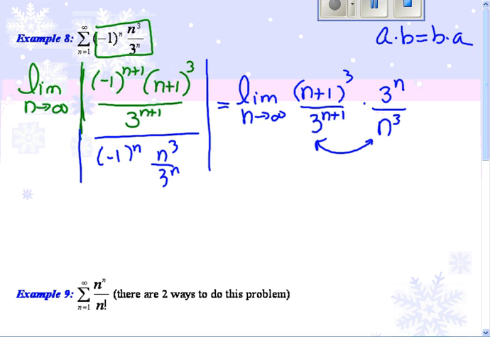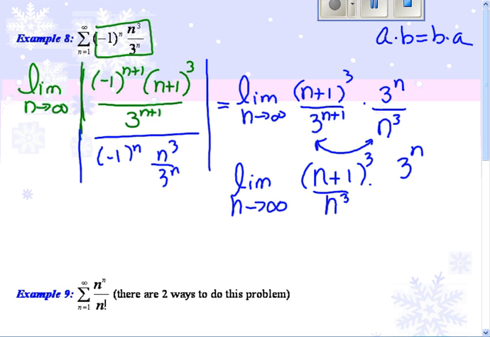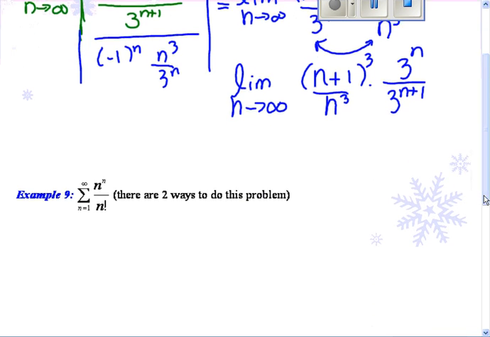Okay? So it's the limit as n goes to infinity, and they all work out in a similar way. You want to write it like this. N plus 1 cubed over n cubed, and then you have 3 to the n over 3 to the n plus 1. Now I just have to reduce that, and that's not bad.